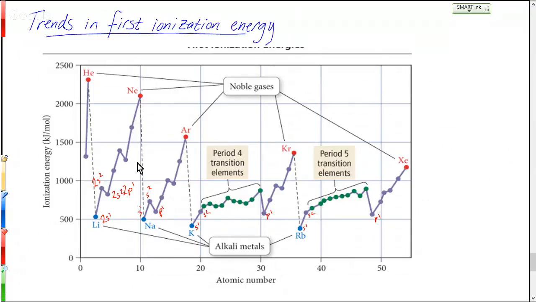I want you to talk through it with the people at your table and see if you can come up with an explanation as to why it's easier to remove the 6th electron than the 5th electron. We're going to D5 and D6.